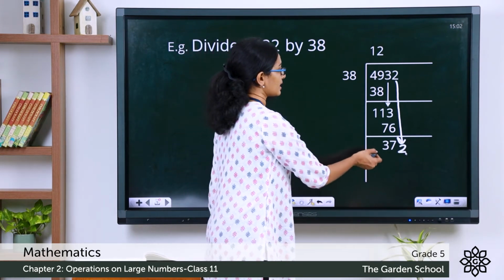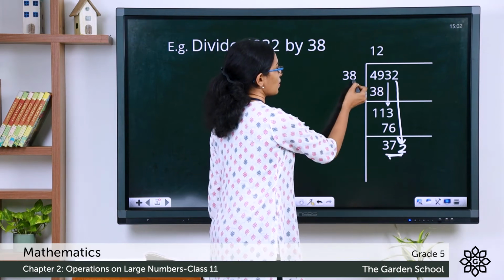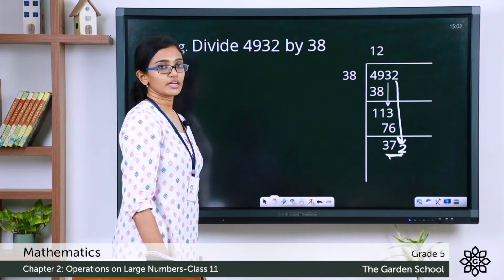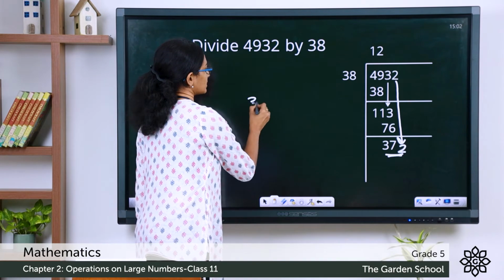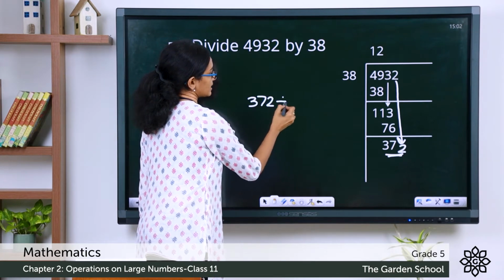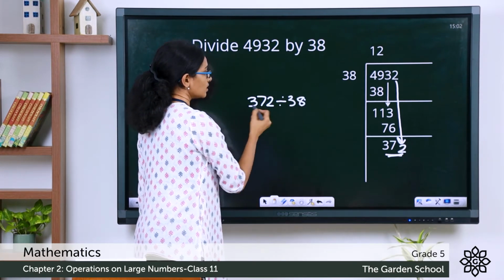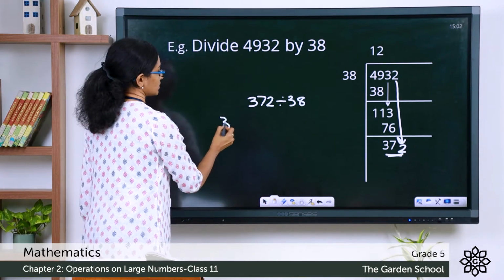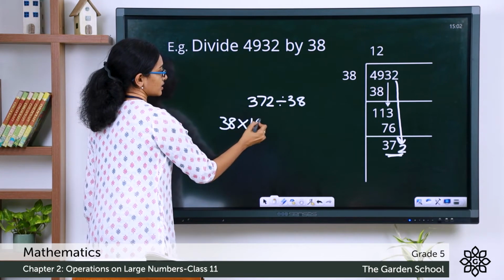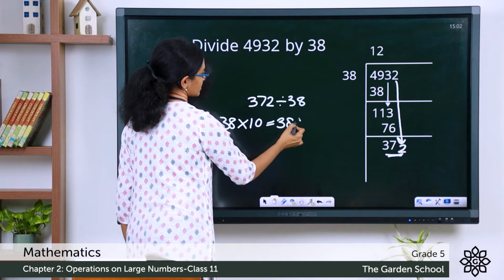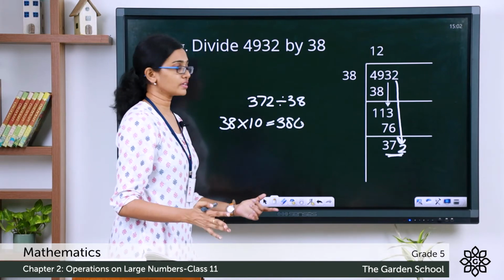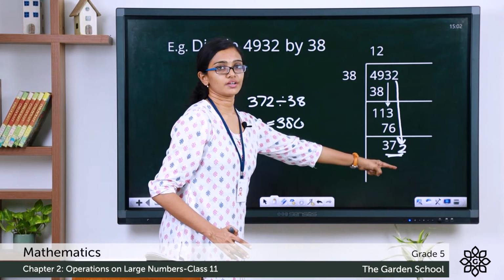Now, we have to again divide this 372 by 38. How can we divide 372 by 38? We know 38 into 10 equals 380. So, 10 38s will definitely not go in 372.